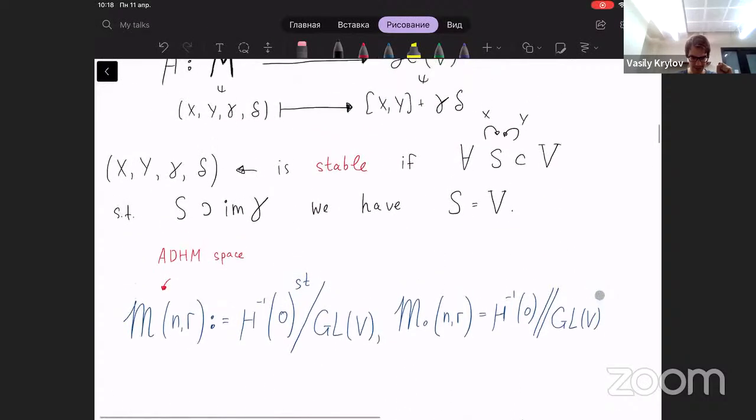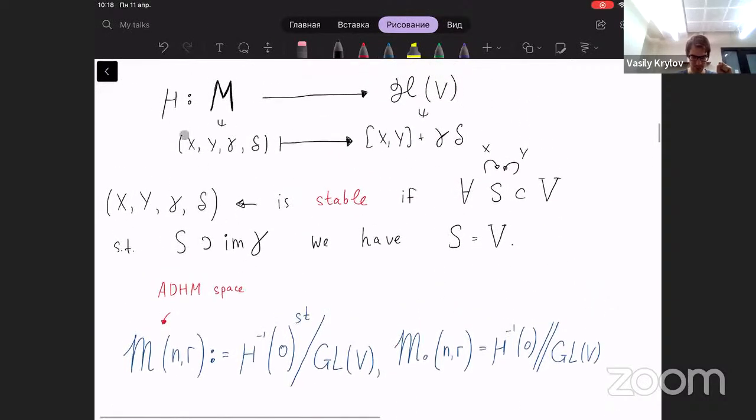We have this moment map, we have this notion of stability, and then M(n,r), the ADHM space, is defined as the pre-image of 0, stable part of it, modulo GL(V). And the corresponding affine variety M0(n,r) is defined as just the pre-image of 0 modulo GL(V).